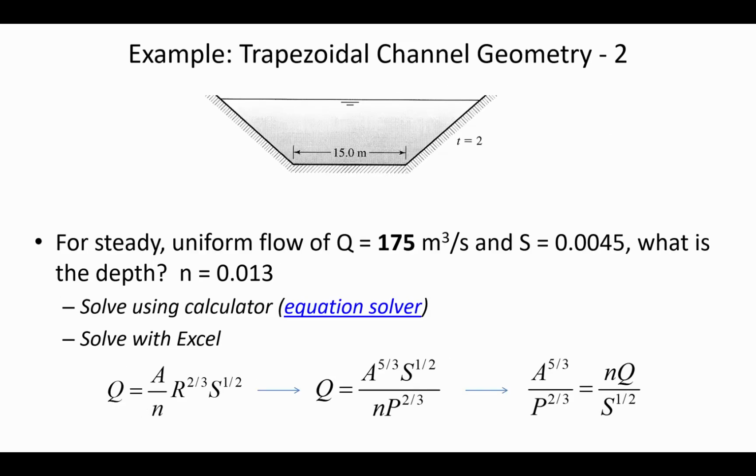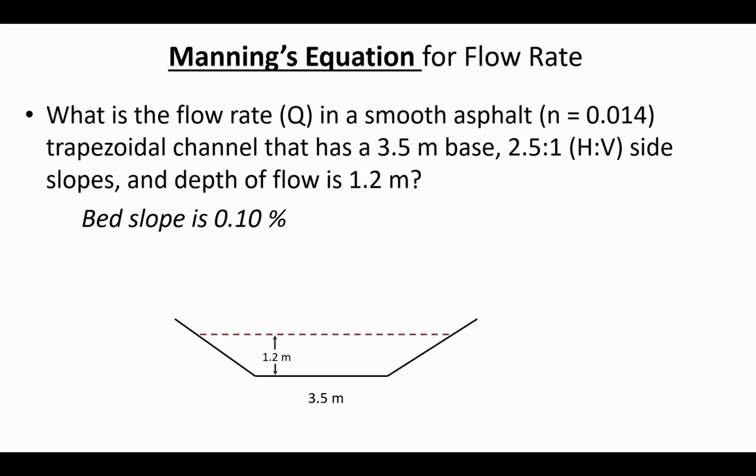All right, so we've just done that one. Let me turn you loose on this one. This is actually, maybe I should have started with this. This is even easier because we're just finding that flow rate Q. Rather than solving for an unknown depth, this is telling us we already know the depth is 1.2 meters. And so what's the flow rate here?